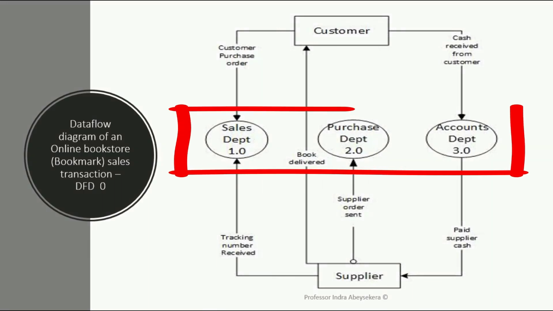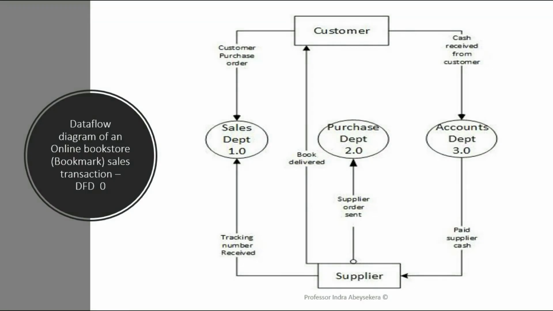Given that these activities were processed by the functional departments in this instance with the information that we have, the manageable processes here are the sales, purchase, and accounts.